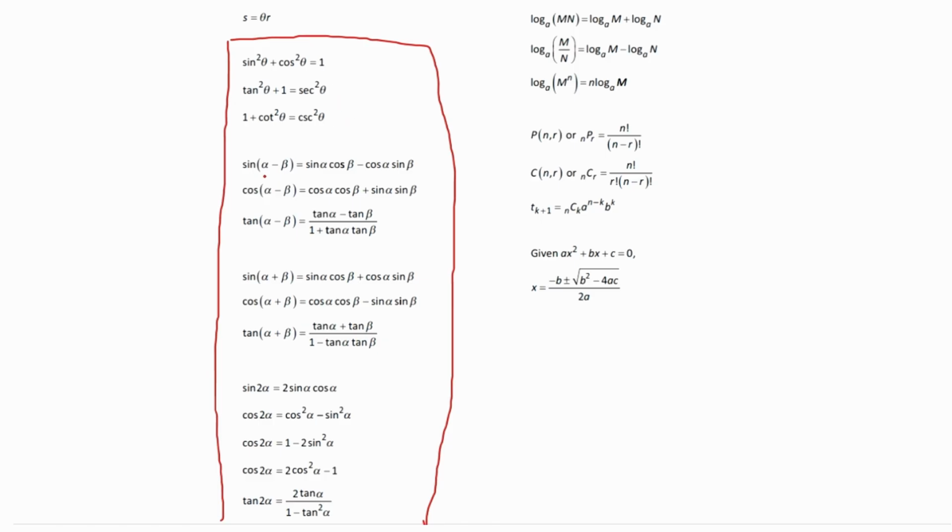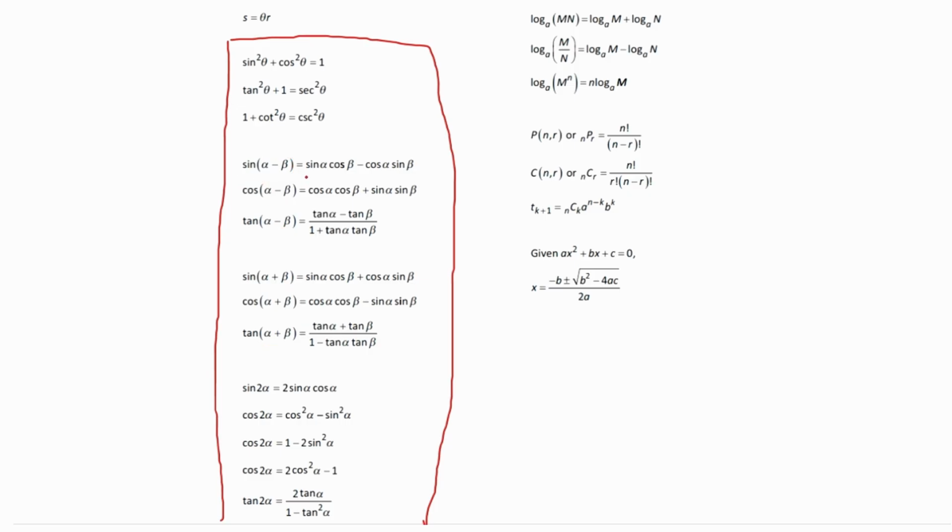If there's two numbers being added or subtracted inside instead of just theta, then it's one of these identities, and these are the easiest ones to see because it's literally in the question. It's going to look exactly like this.